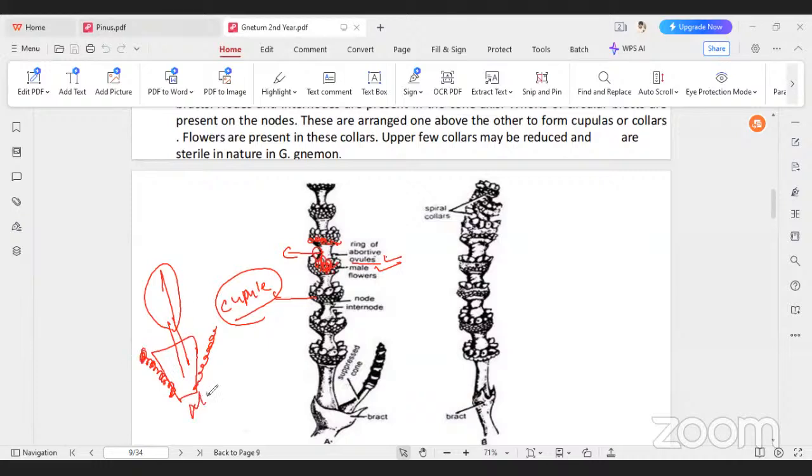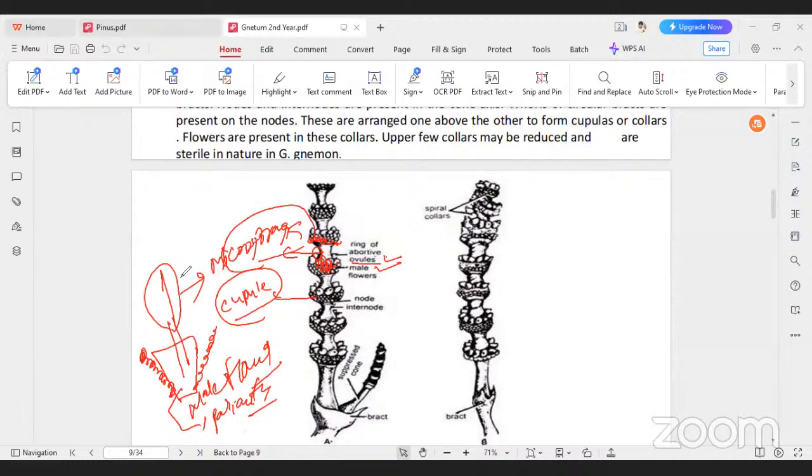So this is about one male flower. Unlike Pinus, there is no microsporophyll or megasporophyll. Instead of microsporophyll, here simply one layer of perianth is present. So this head region is called microsporangia.